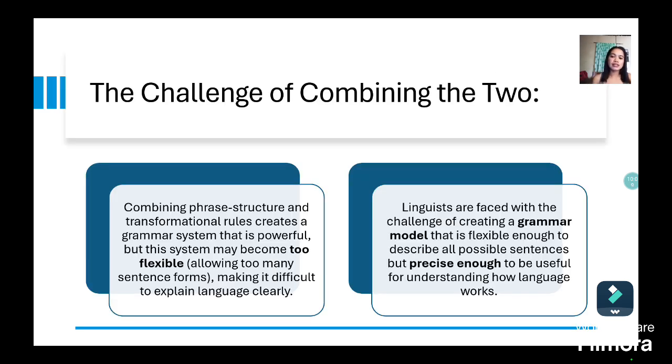So there are some challenges of combining the two. Combining phrase structure and transformational rules creates a grammar system that is powerful. But this system may become too flexible, allowing too many sentence forms, making it difficult to explain language clearly.